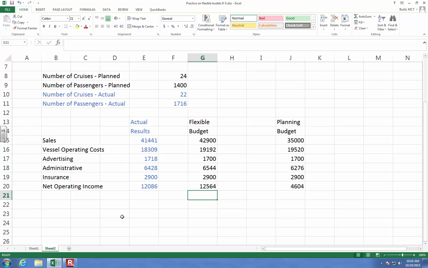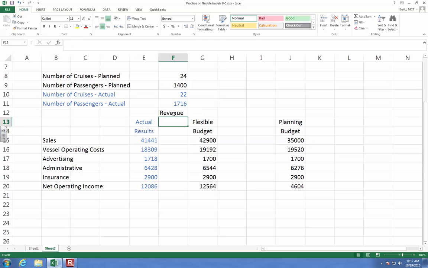What am I going to do next? Yeah, I'm going to do my variances. What variances are the difference between the actual results and the flexible budget at the actual level? That's my revenue and spending variances.